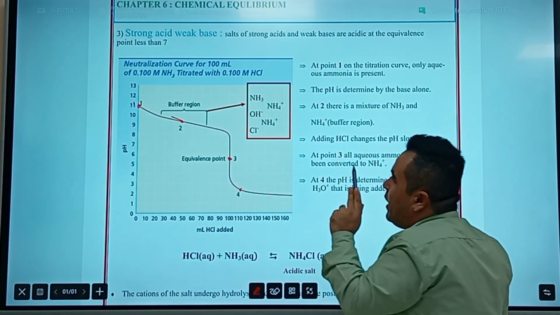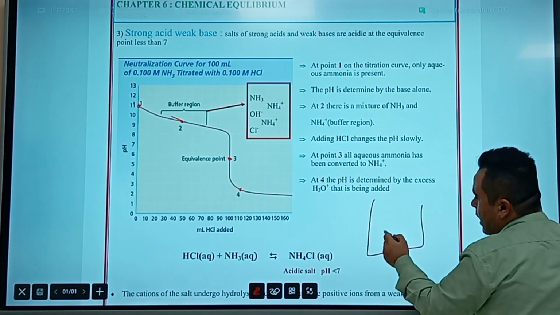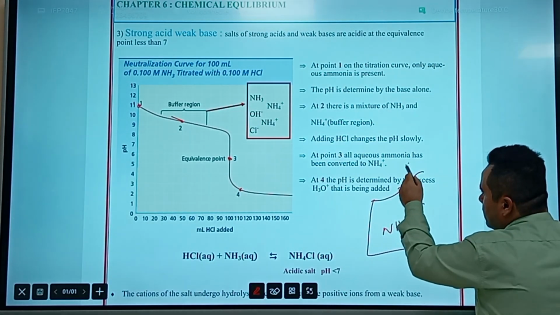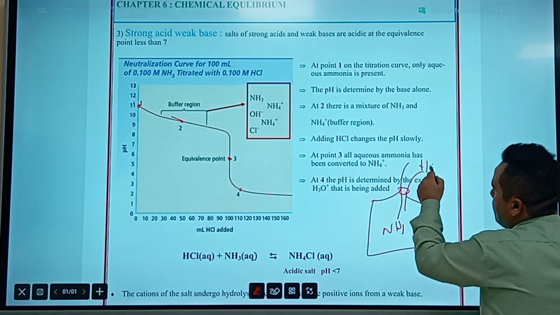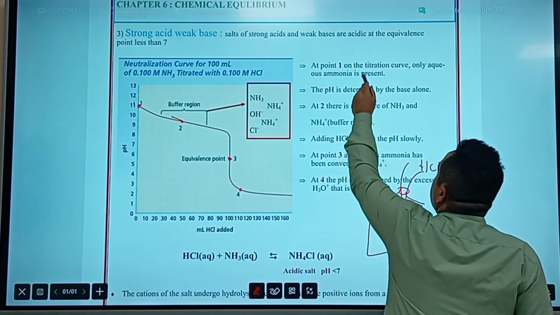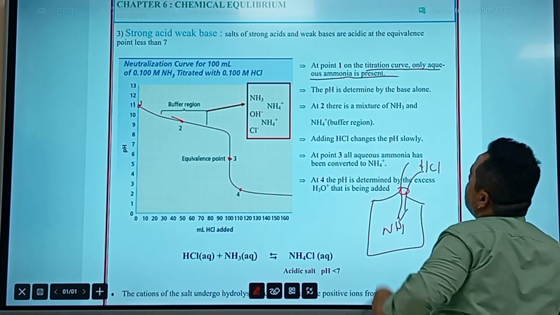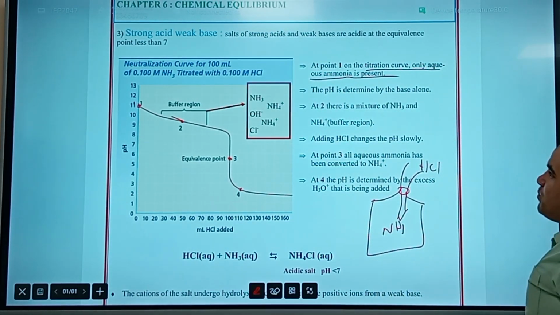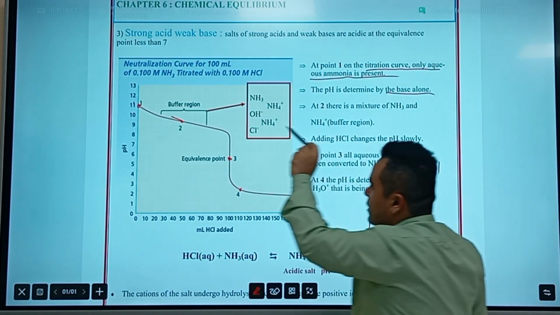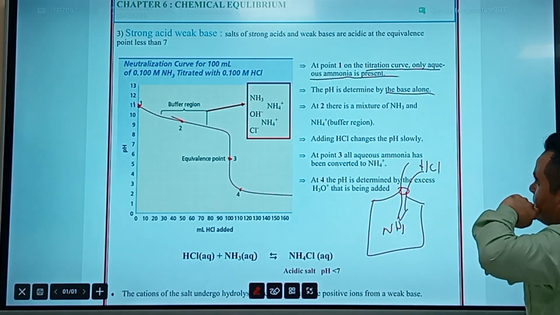At point 1, in the flask, we have only ammonia, and then we'll add, for example, HCl to it. At point 1 of the titration curve, only aqueous ammonia is present, so the pH is determined by the base alone. At this point, we have only the weak base.